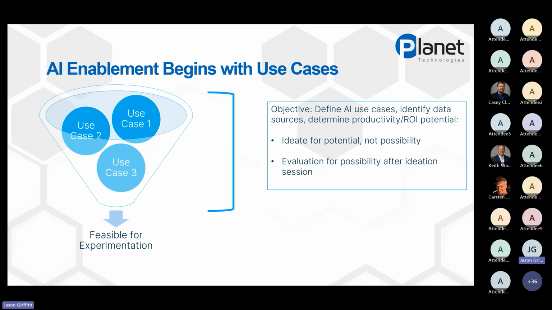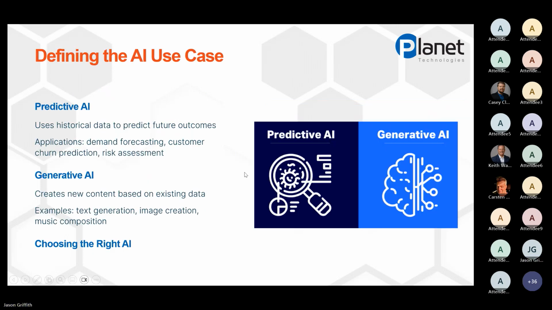You can always evaluate for possibility after your ideation session, because after this step, you really start to get to the point of how do you experiment on that data, right? Because not all use cases are going to work, but you're going to drive through that through your experimentation model.